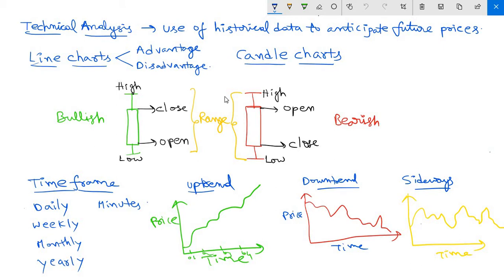Let's say I have only the price history, and using this I want to anticipate the future depending on some patterns that happened previously in this particular stock. So what is technical analysis? It uses historical data to identify patterns in order to anticipate future prices.